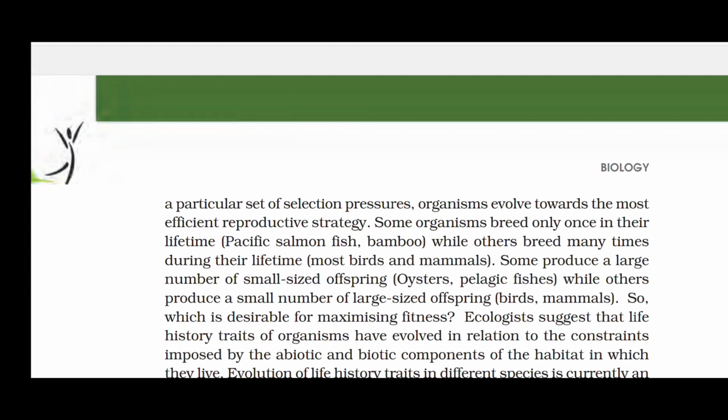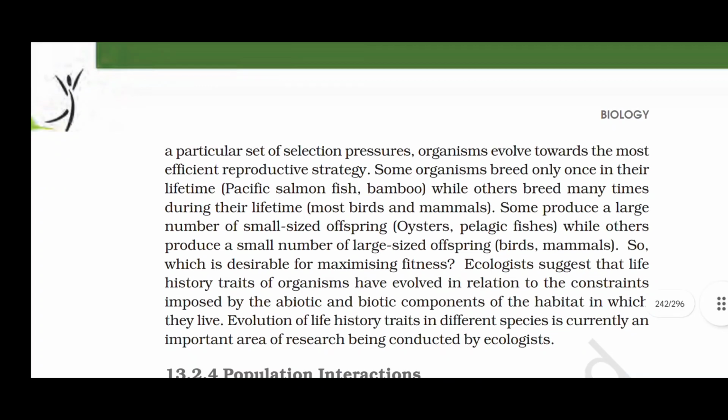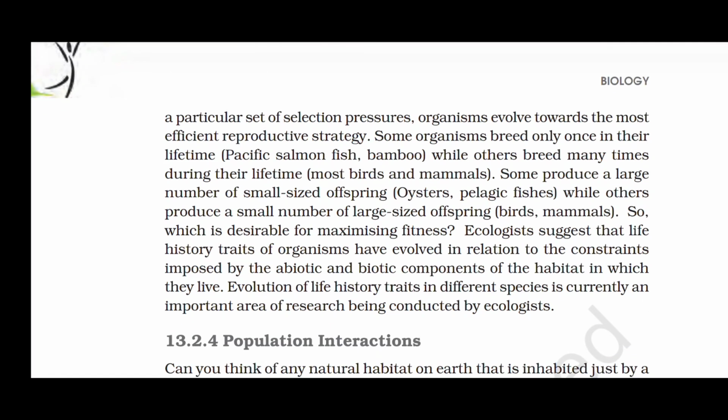Some organisms breed only once in their lifetime, such as Pacific salmon fish and bamboo, while others breed many times during their lifetime, such as most birds and mammals. Some produce a large number of small-sized offspring, such as oysters and pelagic fishes, while others produce a small number of large-sized offspring, such as birds and mammals.